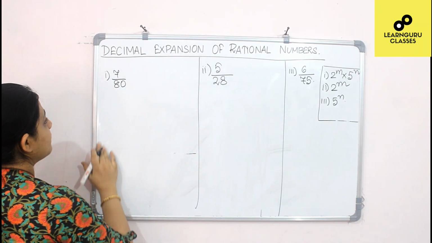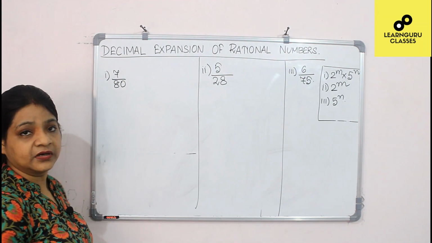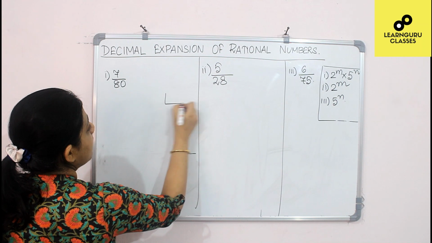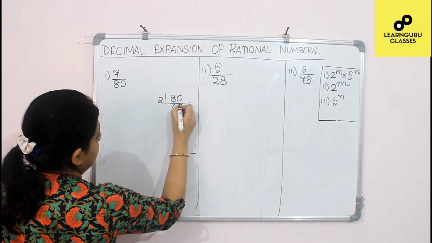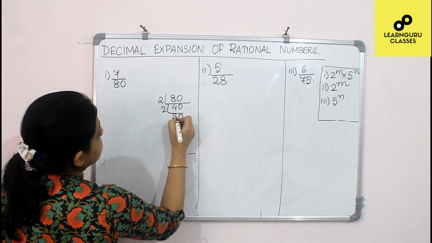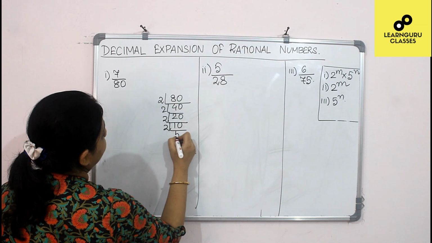First is 7 by 80. What is the denominator? 80 is the denominator. So you have to perform factorization first. 80, 40, 20, 10, 5.